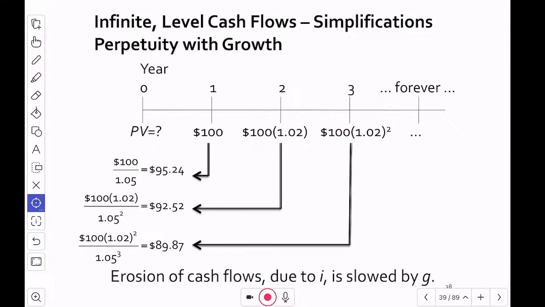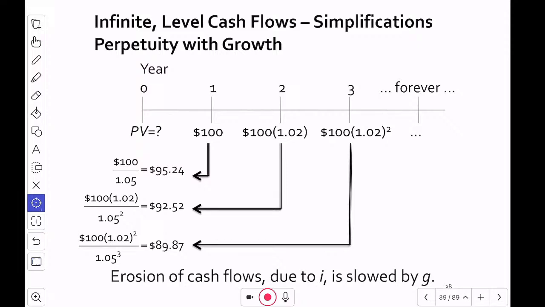This growth rate offsets the time value of money effect, or the erosion of the dollar, as a result of time.